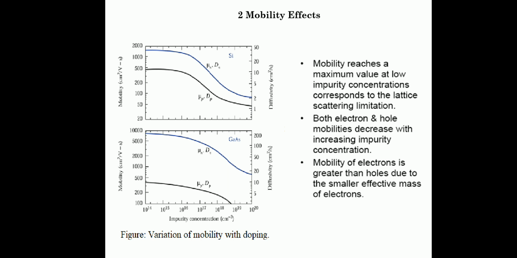In case of doping, the mobility has a maximum value at low doping concentration, and if we increase the doping concentration, the mobility will decrease for both holes and electrons. And one more thing we can see is that the mobility of electron is higher than that of holes, because the effective mass of electron is less compared to that of holes.